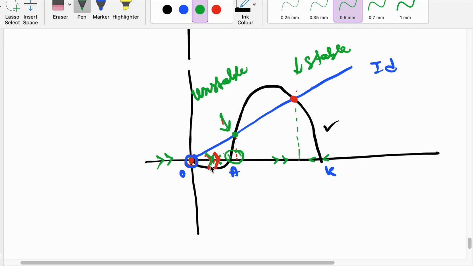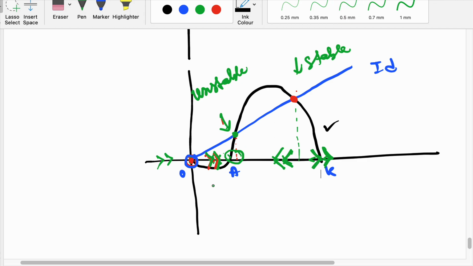Why? This will repel the initial conditions, the initial trajectory, in this way, and you find that all the trajectories will come towards this point, this fixed point.